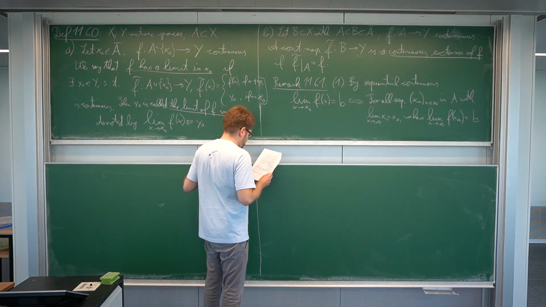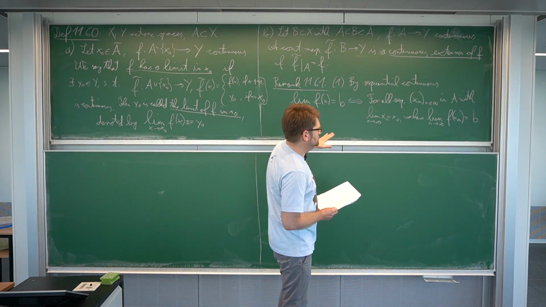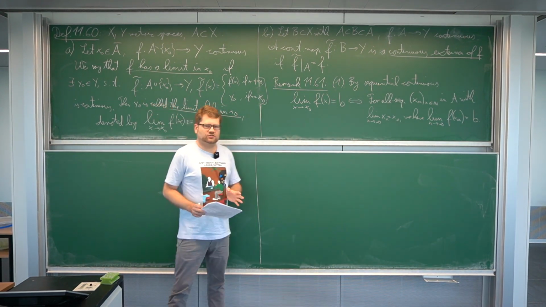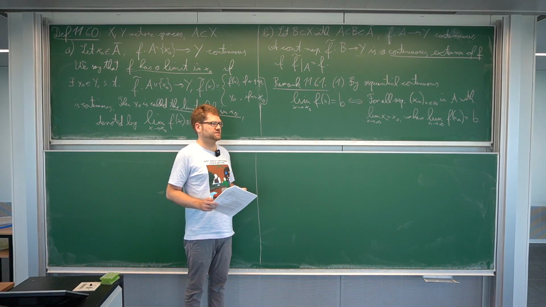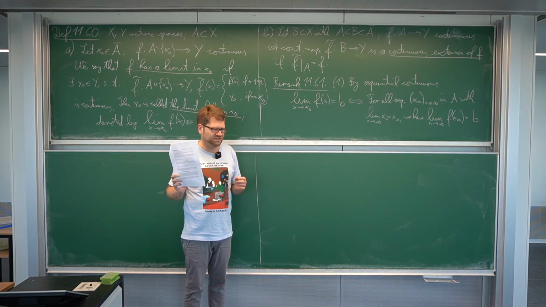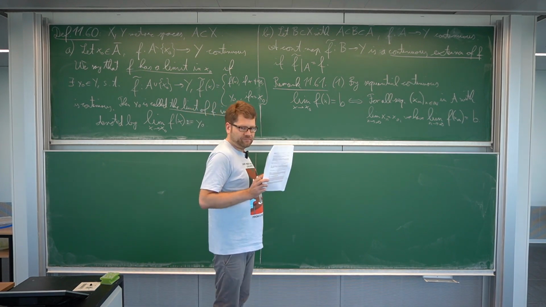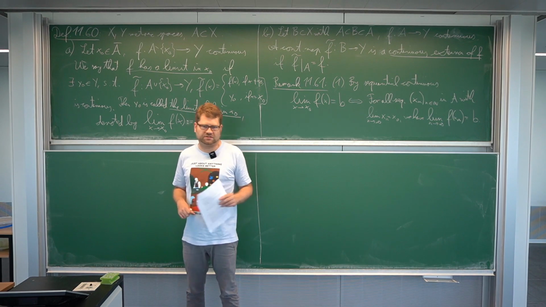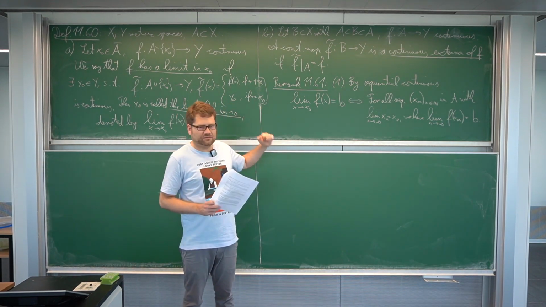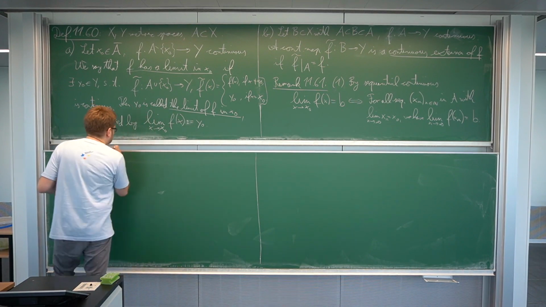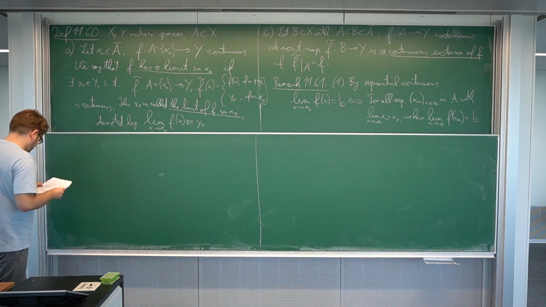At this point I will skip discussing an example, because we have seen one already. When I talked about continuous functions, I had these two functions which look very much the same, which were rational functions in two variables. I have basically shown that their limits exist or do not exist at a certain point. So maybe with this in mind, take a look at this example again. I don't have the number here unfortunately, but this was straight after our definition of continuous maps.